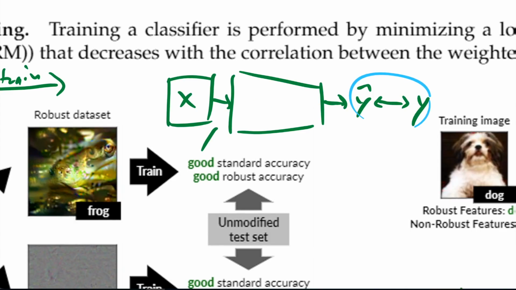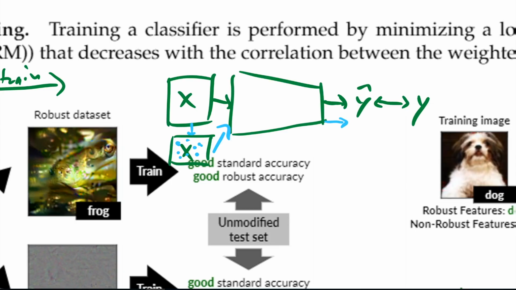Now what you can do, if you want to become robust to adversarial examples, is what is called adversarial training. You have the same network here, but for each of the training data points you create a derived version, an adversarial example of this X. You feed the adversarial examples through the network together with the original examples.